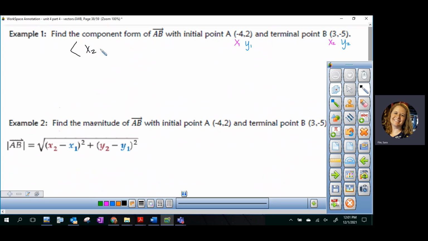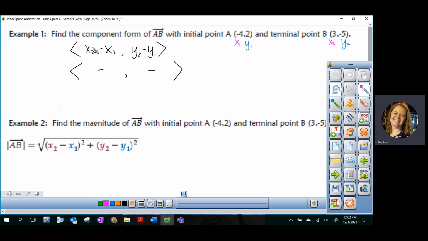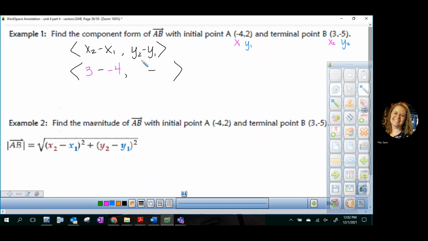It's x2 minus x1 and y2 minus y1. All right, so I'm going to color code what I'm plugging in. So x2 is 3, x1 is -4, y2 is -5, and y1 is 2.